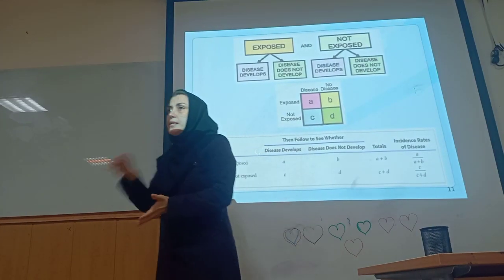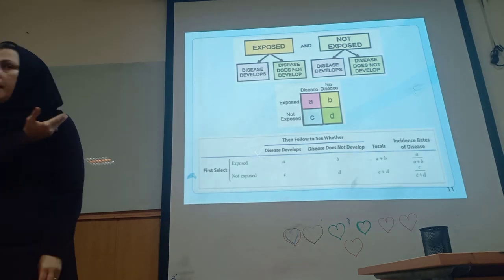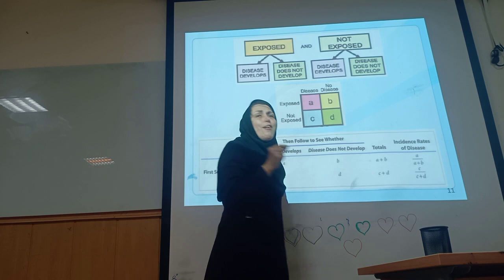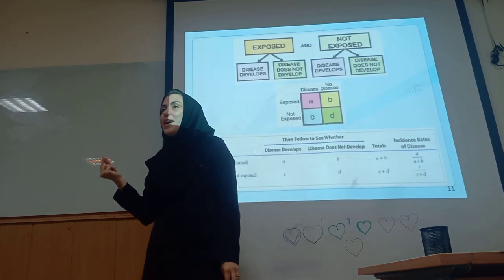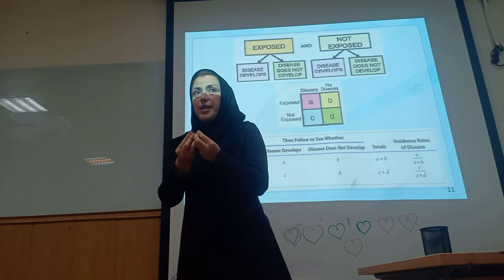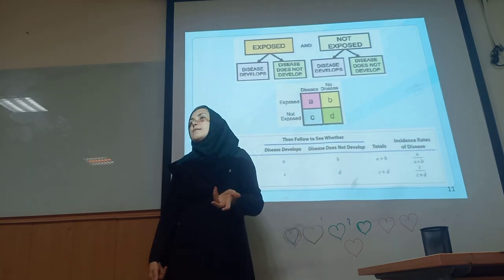In case control study, we have this 2 by 2 table as well. This table is the heart of epidemiologic design. But the interpretation and the usage of these 4 cells are different.